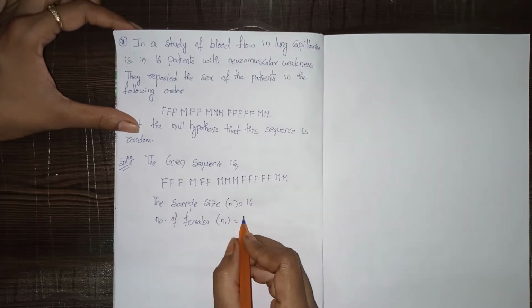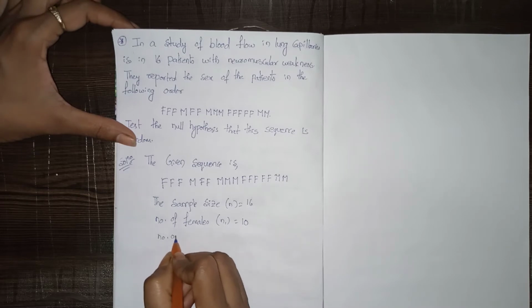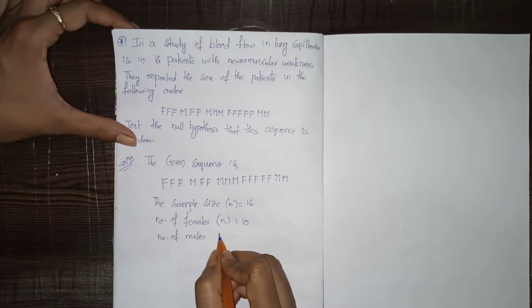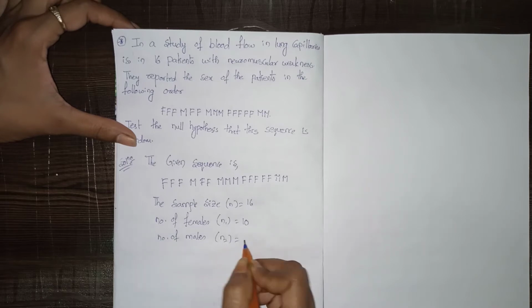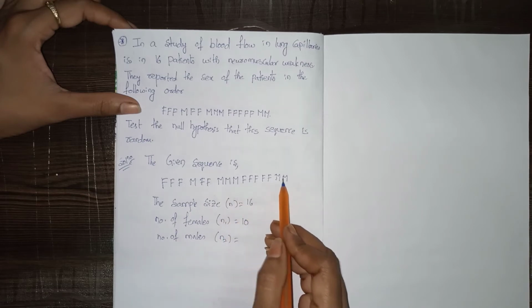So here the females are 10. Now the number of males, n2, that equals 1 2 3 4 5 6.